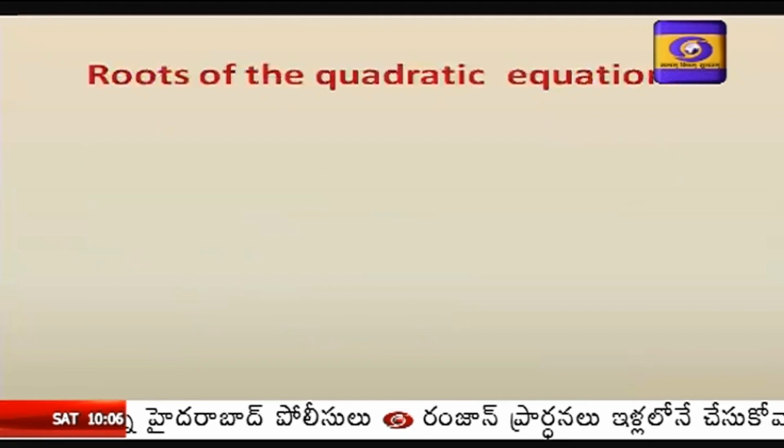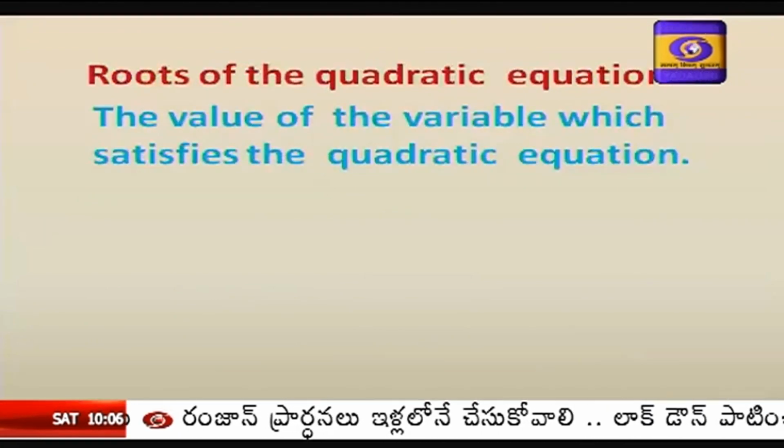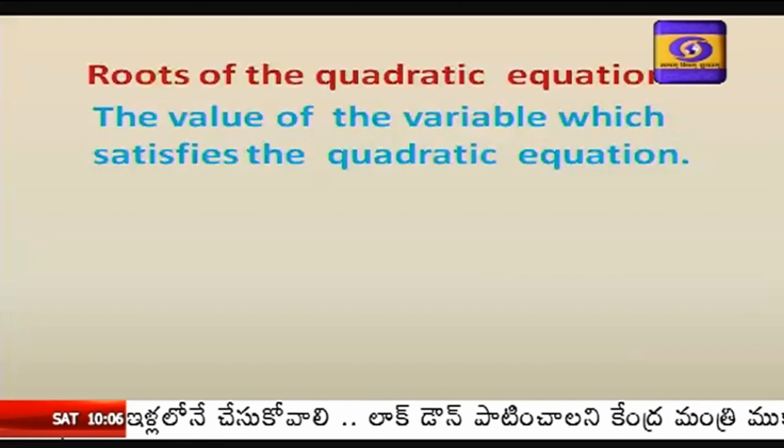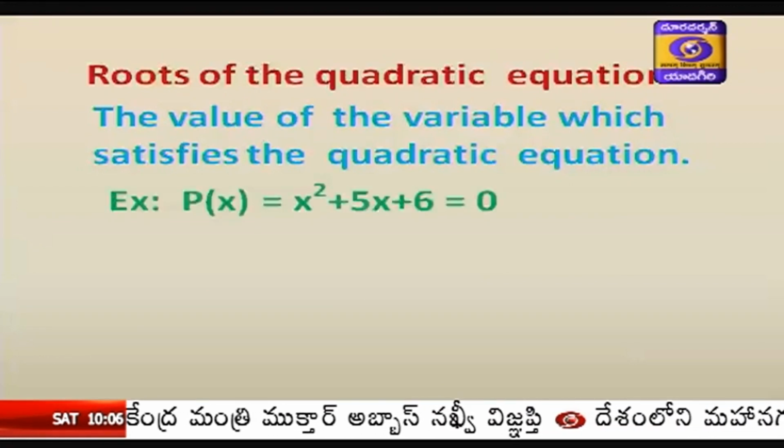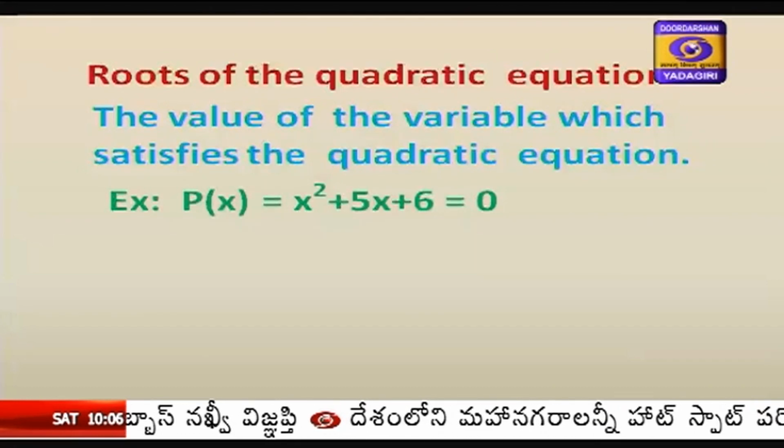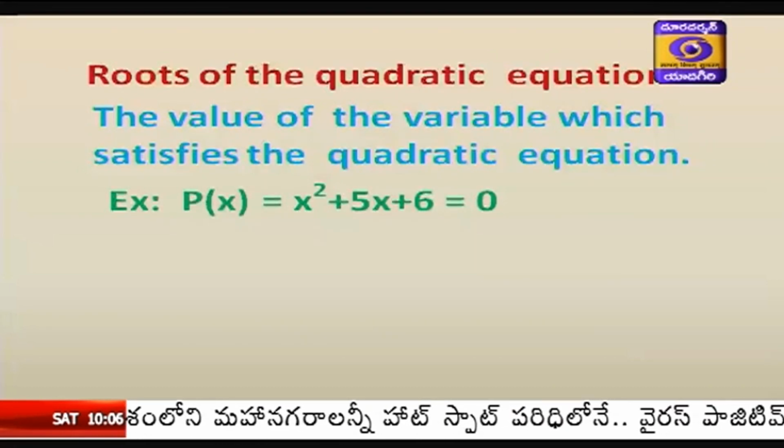Then what are the roots? The value of the variable which satisfies the quadratic equation is called the root of the equation. Example, we will consider the same: x² + 5x + 6 = 0. Again we substitute: p(-2) = (-2)² + 5 × (-2) + 6 = 0.